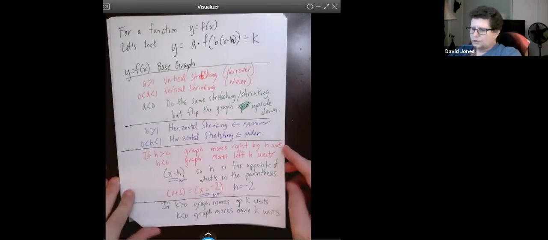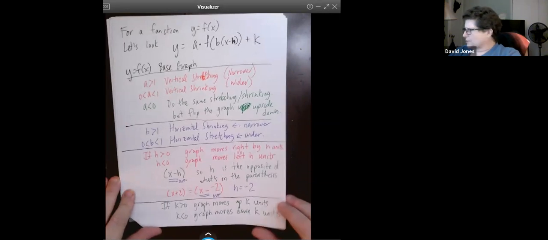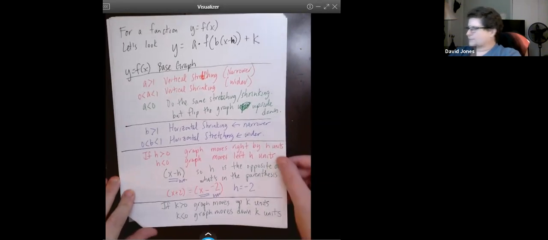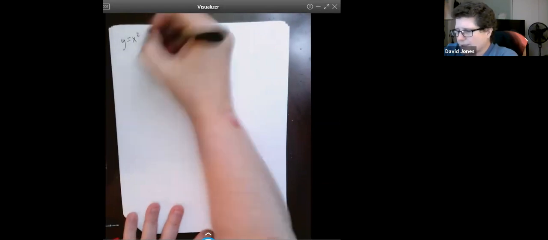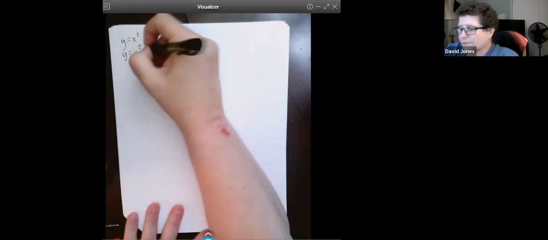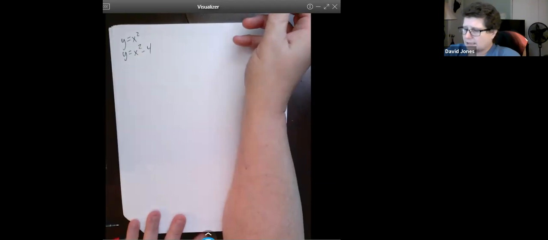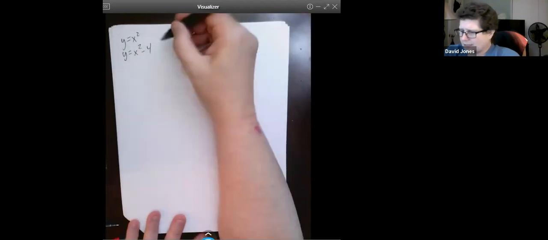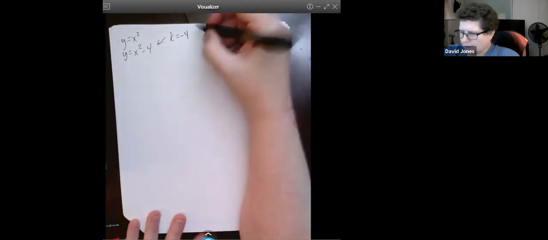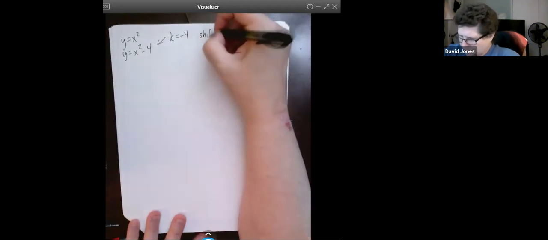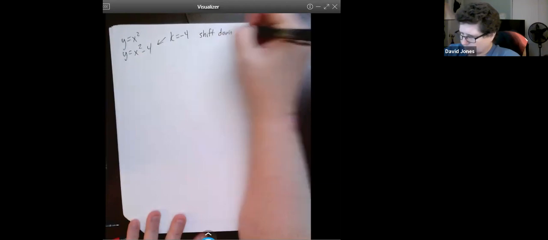And I'm going to show you, let's start with k. K is probably the easiest one to take a look at. So we're going to do y equals x squared, and y equals x squared minus 4. This is effectively having k equals negative 4, which means our graph is going to shift down 4.